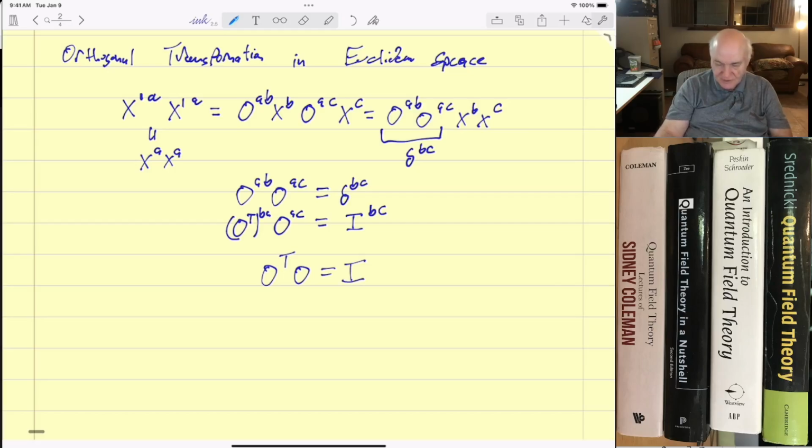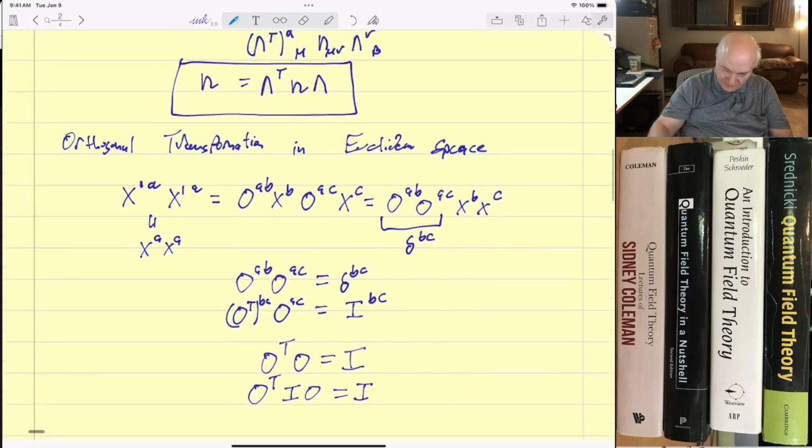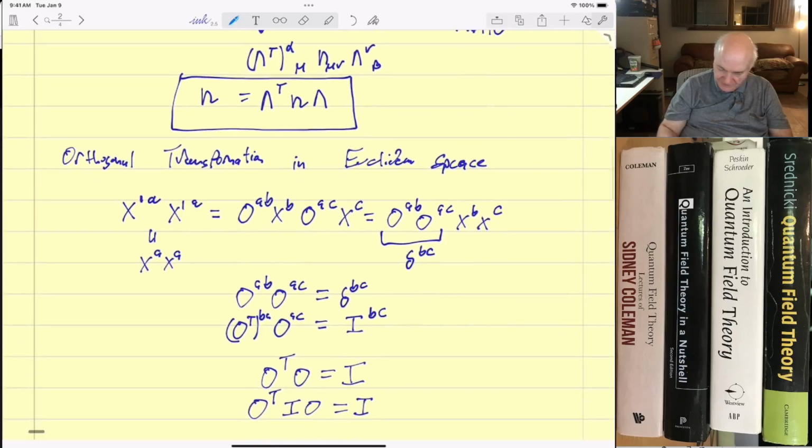That's the orthogonality condition that you learned in undergraduate physics. And you can put an identity matrix in here, and you can see that it's the same. The difference is that under an orthogonal transformation, the identity matrix is invariant. Under a Lorentz transformation, the metric eta is invariant.